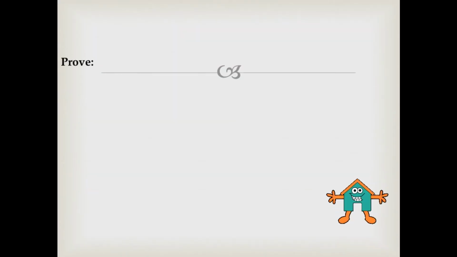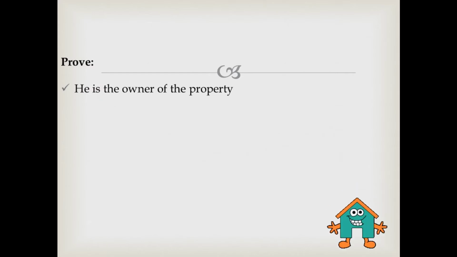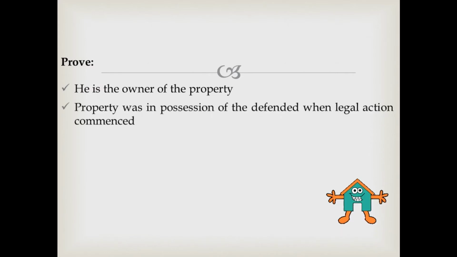For one to claim under vindication, he has to prove that he is the owner of the property. Then the property was in possession of the defendant when legal action commenced.